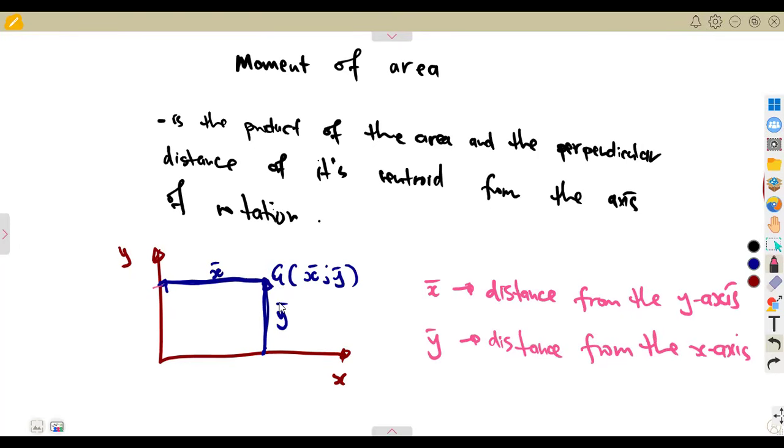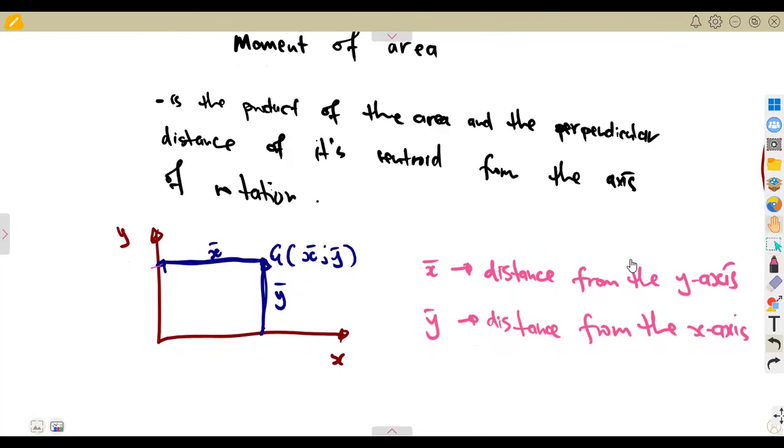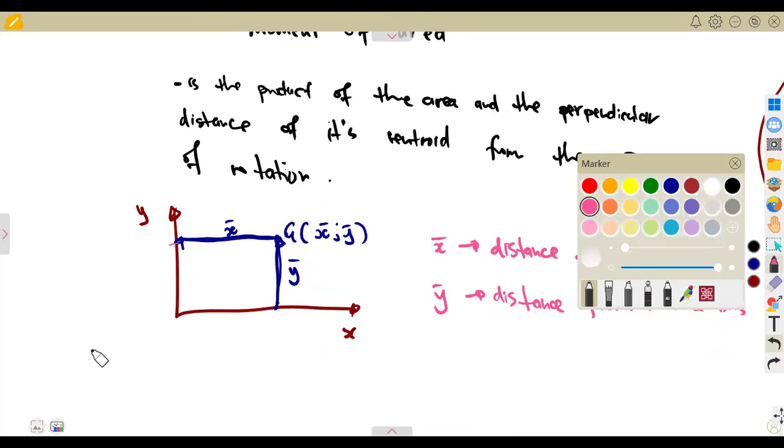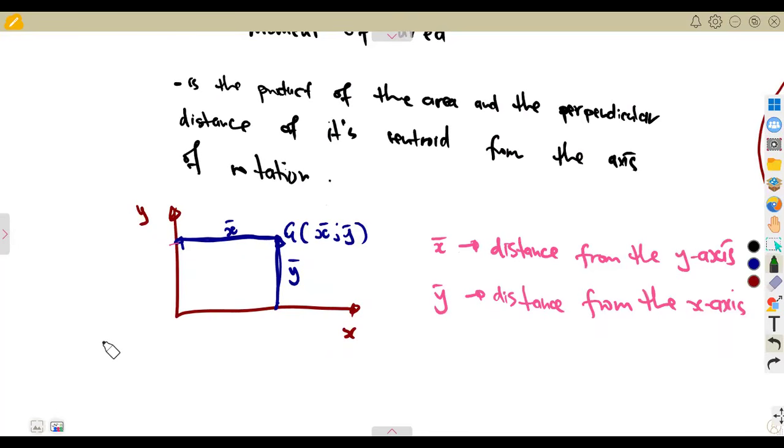Okay, with this knowledge, you are going to notice that since we say the area moment in this case is the product of the area, let's say I'm referring to the area moment about the x-axis.